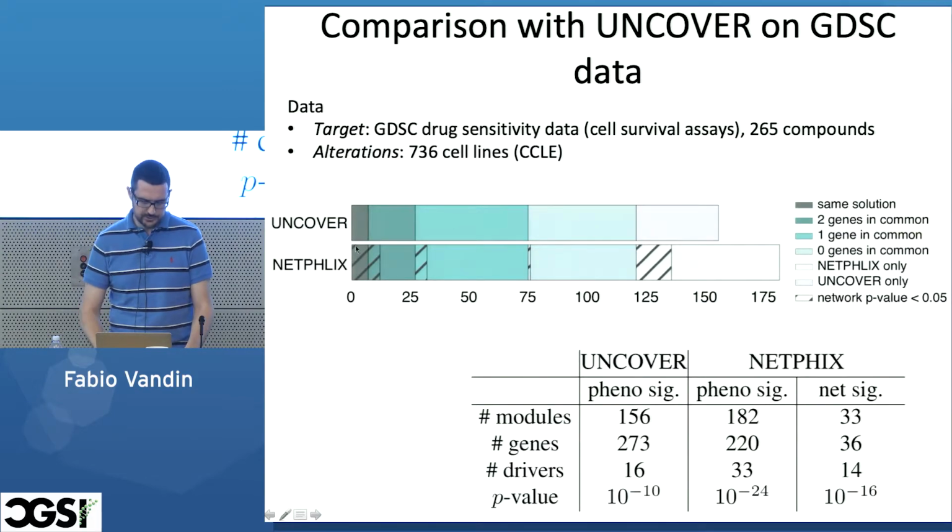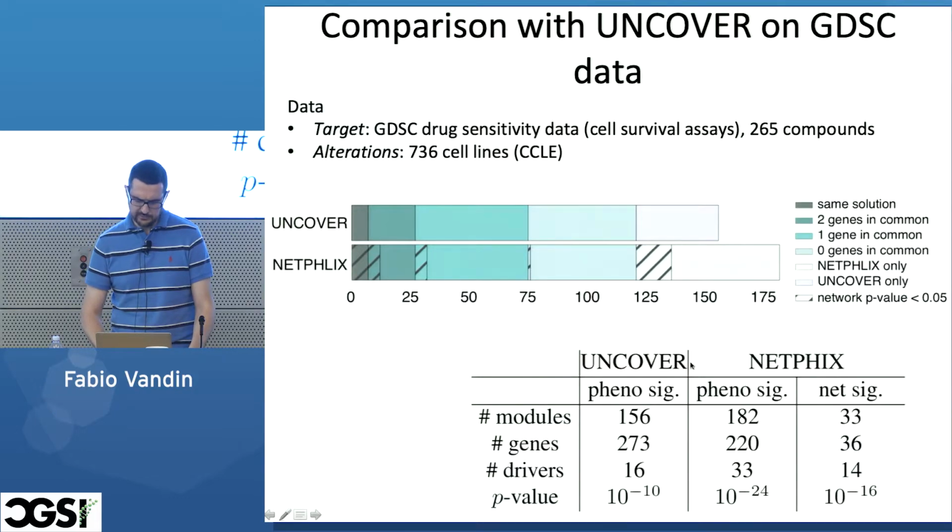The different colors represent whether the solutions from Netflix and Uncover are the same, or they have two genes in common, or one gene in common, or no gene in common, and these are solutions that contain genes that are never reported by the other method. So as we can see, Netflix and Uncover report fairly different solutions.